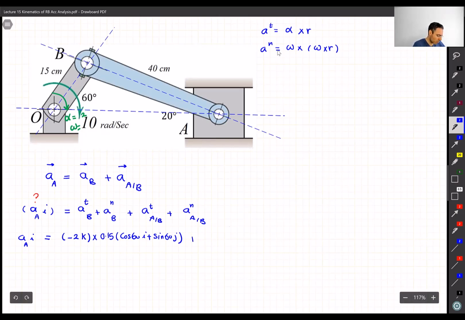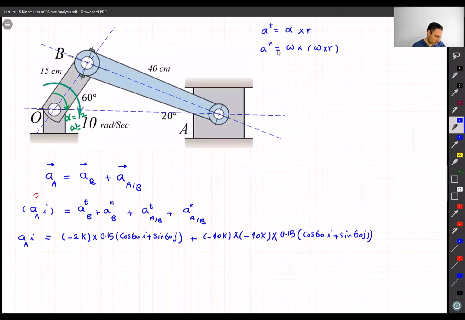Now let's do the same things for N. N has a formula omega cross omega cross R. So omega is minus 10K cross minus 10K cross R. And R is going to be the same, cosine 60 I plus sine 60 J. So making sure that when we do the multiplication, we start with this one.